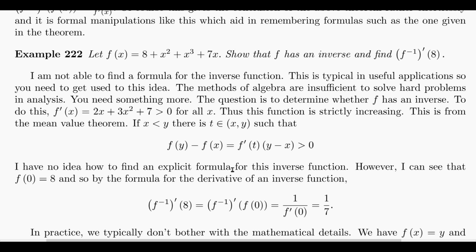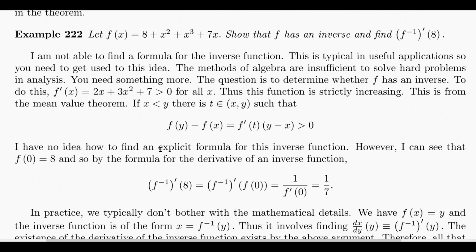I don't know how to do it. But I can see that f of 0 is equal to 8. And so by this that I just showed, the derivative of the inverse function at 8 is equal to 1 over f prime of 0. Well, f prime of 0 is just 7, so this is 1/7.